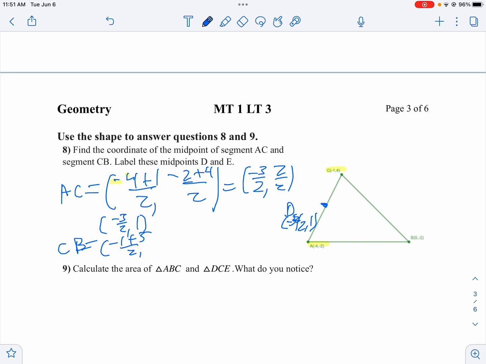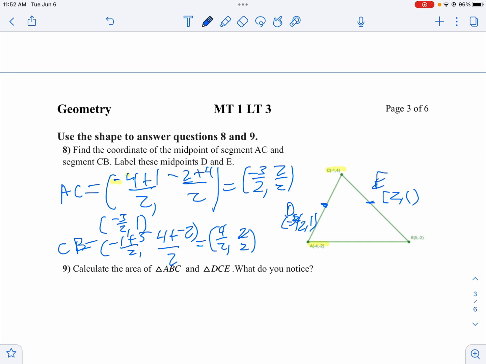And then we'll do 4 plus a -2. All over 2. So that's 4 over 2 and 2 over 2, or 2 and 1. And that's going to label that point E.